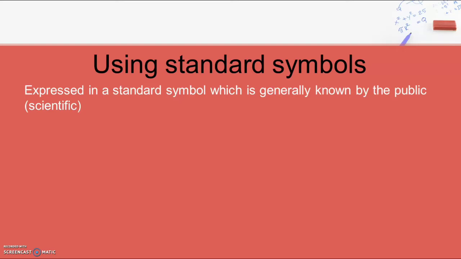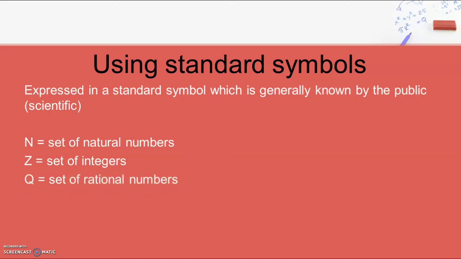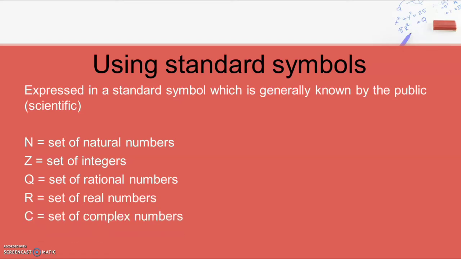There are some standard mathematical symbols that are generally known, including: N equals set of natural numbers, Z equals set of integers, Q equals set of rational numbers, R equals set of real numbers, C equals set of complex numbers, and so on.